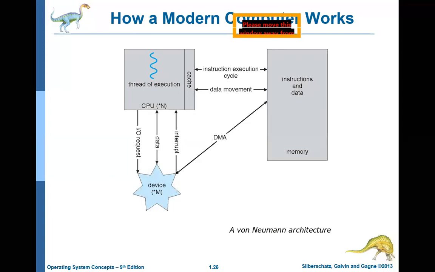So many devices are connected to our computer hardware. These devices will communicate with the thread of execution. So the number of CPUs may vary from multi-processing systems to single processing system.